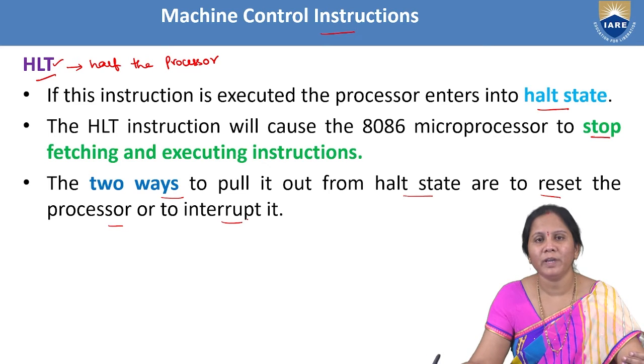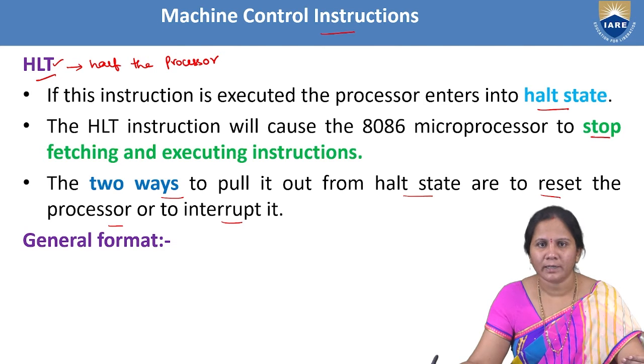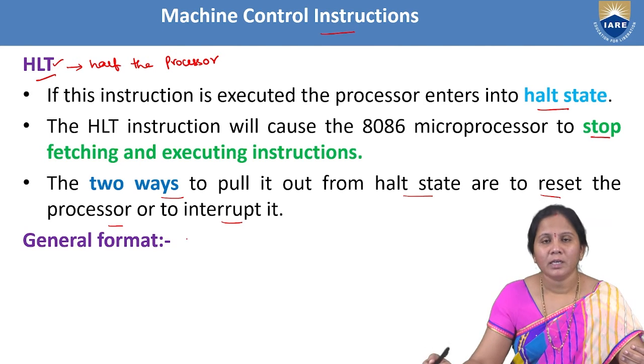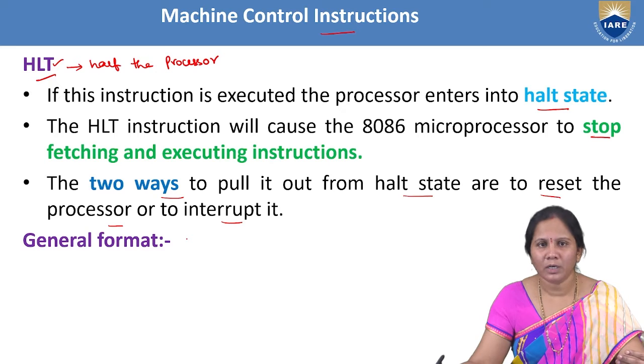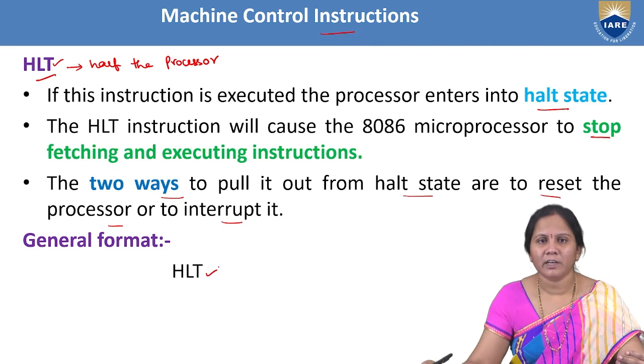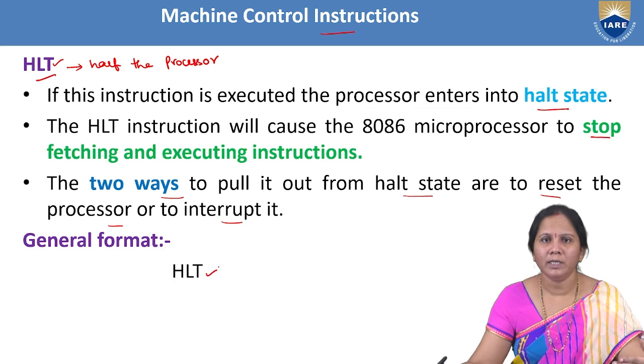These are the two ways to make the processor come out of the halt state. Next, the general format of this halt instruction is HLT. So totally, when this instruction is executed, it is going to halt the processor. No operation will be done. No fetching, decoding and execution will be done.